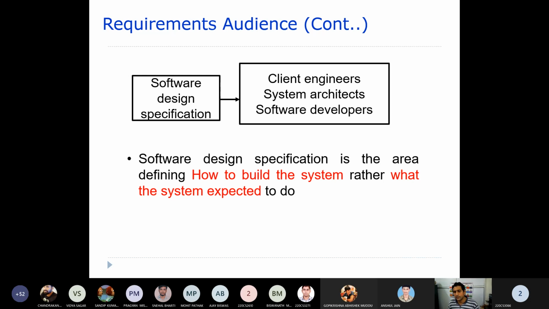Through your user requirements and system requirements, we exactly defined what is expected from the system, the various expectations of a user from the system. That is the what. But when you are talking about the design specification, it is the how part, because how you are going to handle that system, how you are going to give a solution for that particular system.